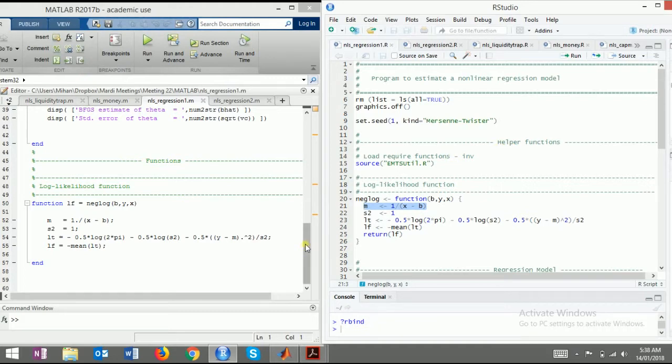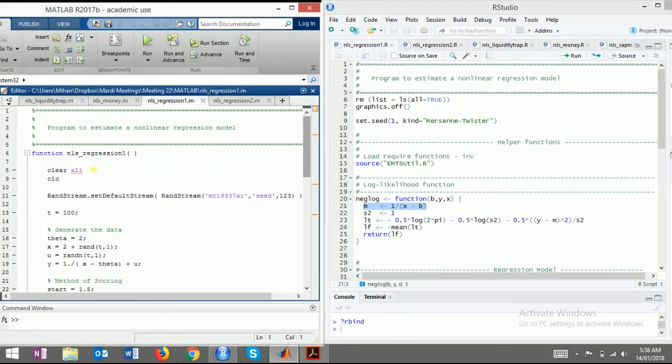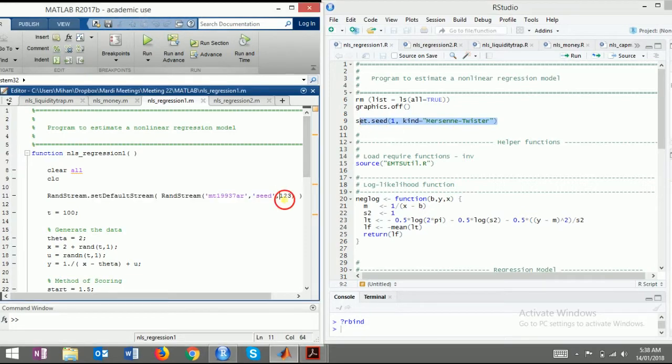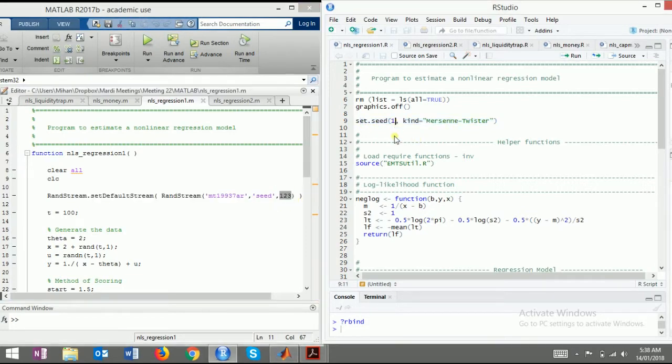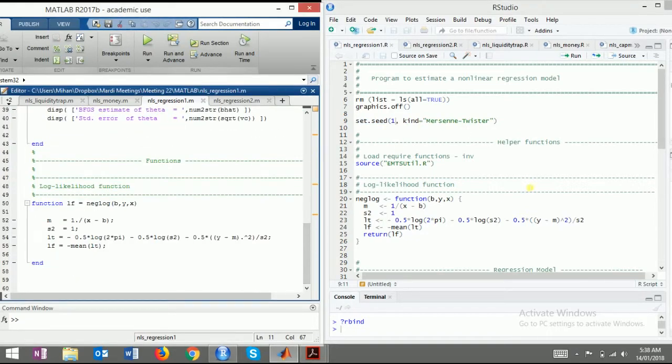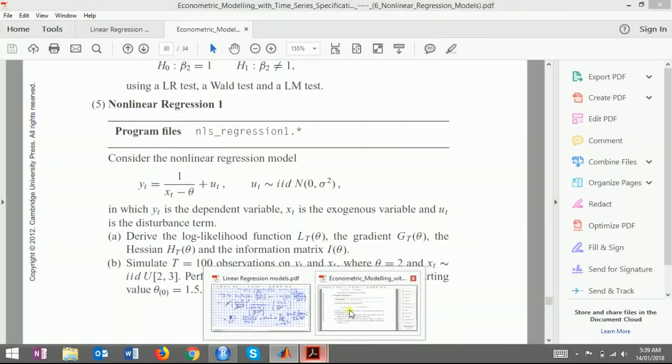Here we start with a random stream. We need to simulate in this problem, so set seed 1, or we could write 123. Kind is Mersenne twister. And the variance sigma square is 1. I think that's also given in the problem.